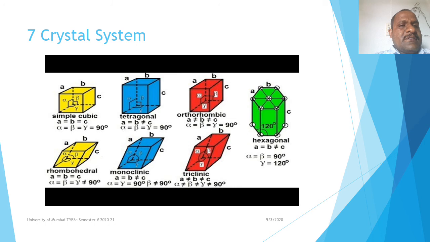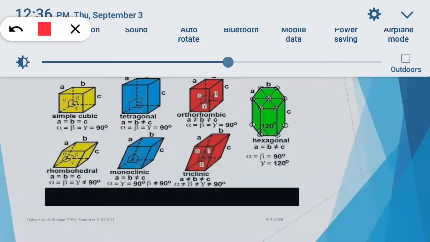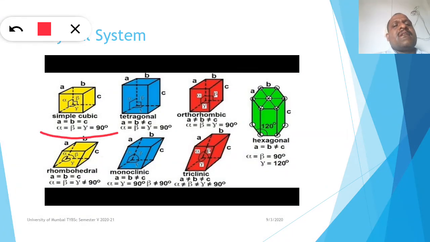For your understanding, how these 7 crystal systems look, how their unit cells look, this is the pictorial diagram for all 7 crystal systems. First one is simple cubic, where you can see all 3 sides are the same, alpha, beta, gamma are equal to 90 degrees. In the second, tetragonal, 2 sides are the same, A is equal to B, which is not equal to C, alpha, beta, gamma are 90 degrees. In the third, orthorhombic, all 3 sides are different, but angles are 90 degrees.